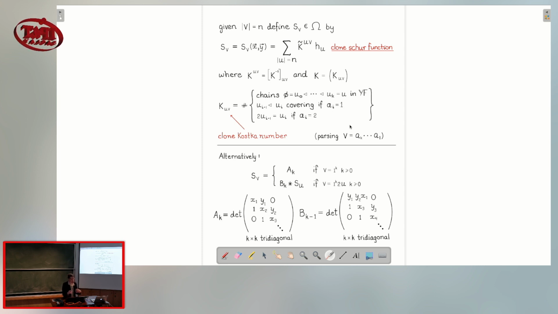So in some sense, it's morally close to the usual Kostka number, except I don't have a tableau interpretation of this in any obvious way. That's why I prefer the chain description.